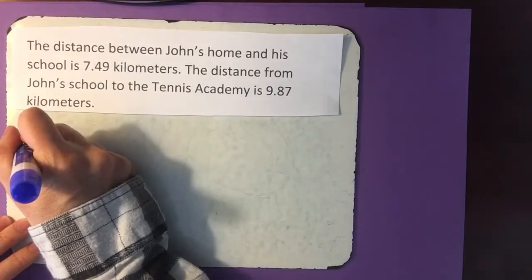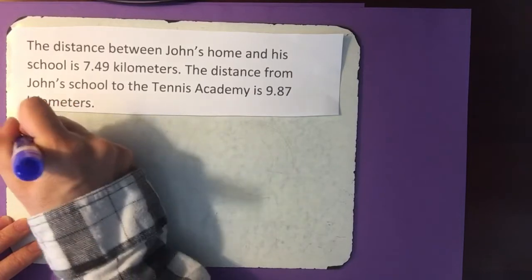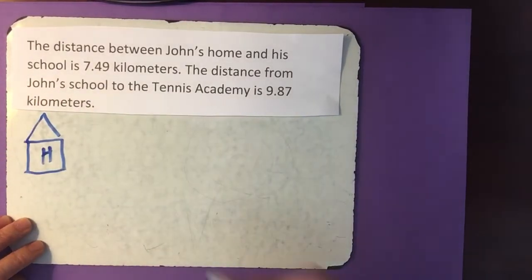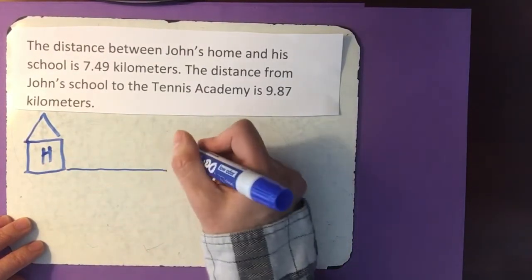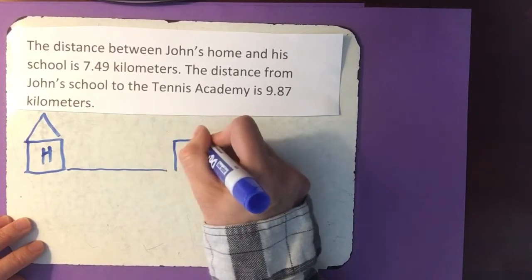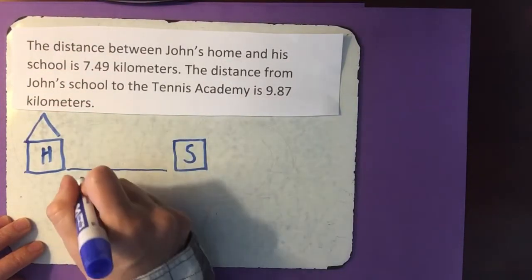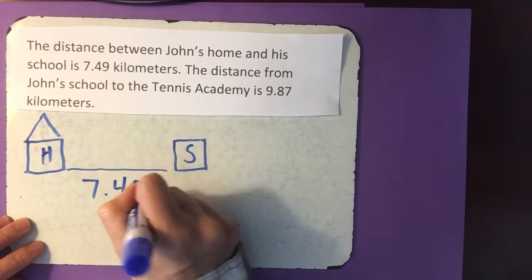So here is John's home, and I'm going to call that H for home, okay? And he is going to travel a distance to his school. And I'm going to call this school. And I'm going to label 7.49 kilometers.